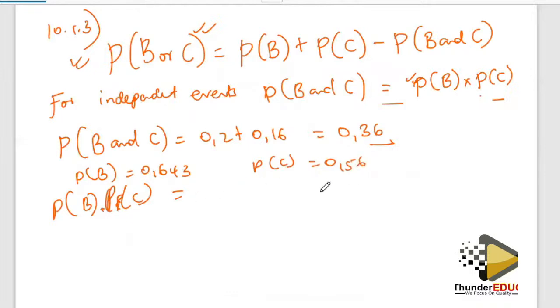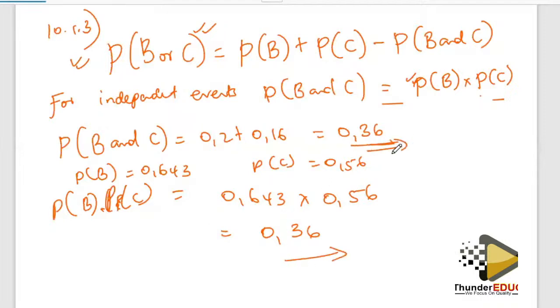And then I need to multiply those two and see. So that's going to be 0.643 times 0.56. I'm getting 0.36. Okay, so now we're seeing that the product of this is the same as what we already have in the middle.